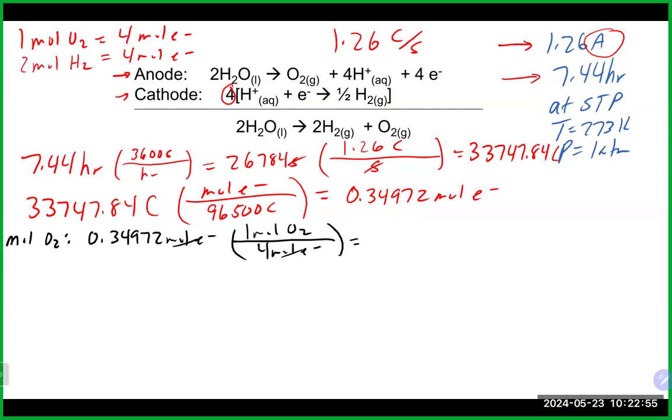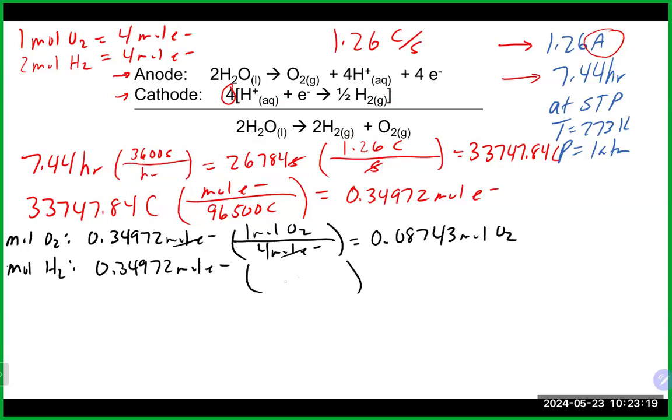The moles of electrons cancel, and that gets me something like 0.08743 moles of oxygen. Might as well grab our hydrogen moles as well. Starting again with our moles of electrons, using our relationship, in this case 1 to 2 or 2 to 4, whichever way you want to do it.